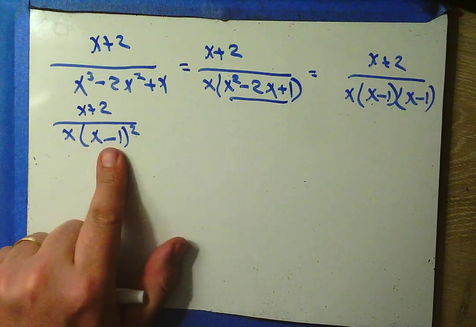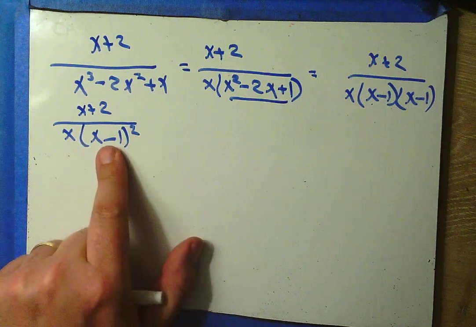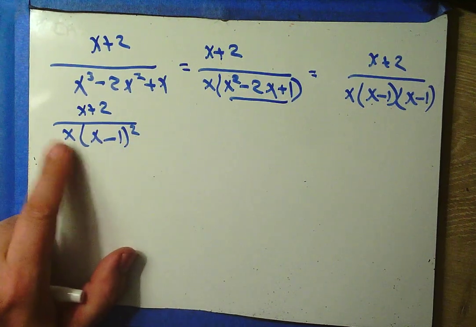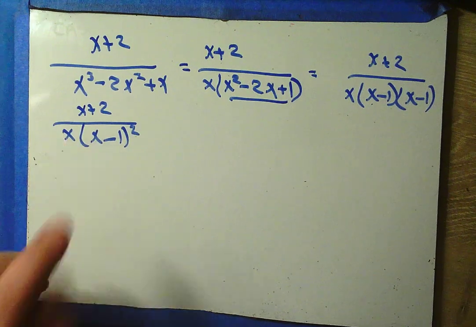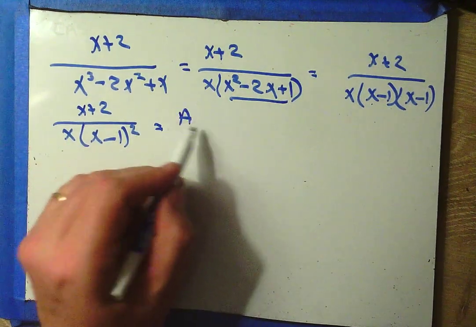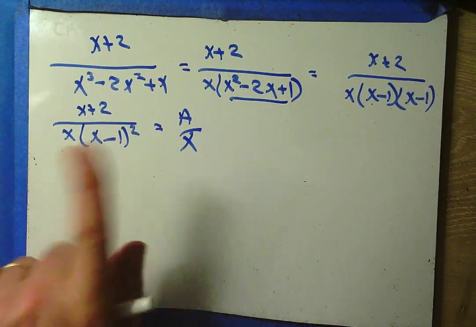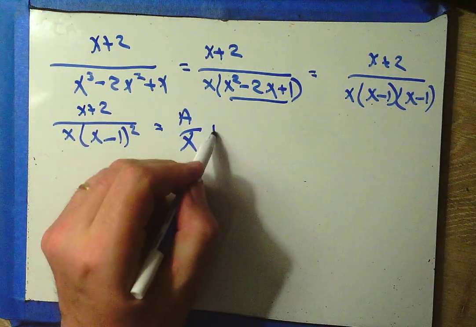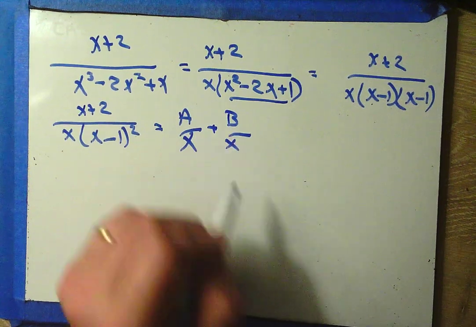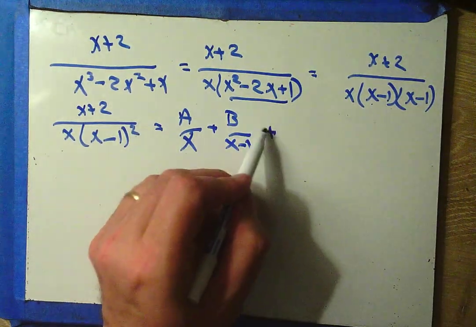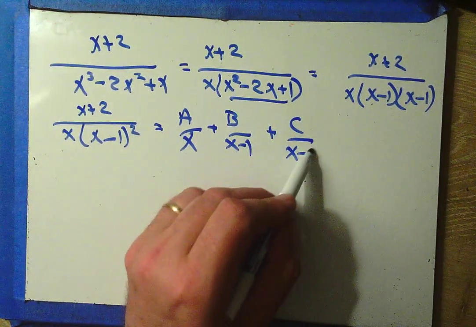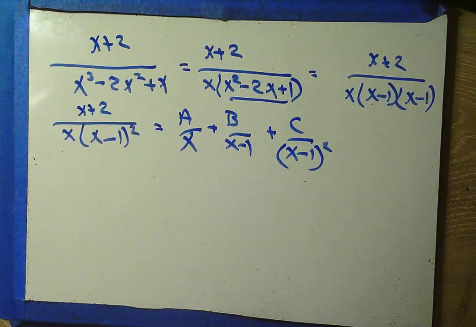And so look, here's our case 2, our repeated linear factor, but we've only got one of these. This is case 1. So I've got an a over an x. That takes care of this one. But now I have to take care of this. I need b over x minus 1, and I need c over x minus 1 squared.